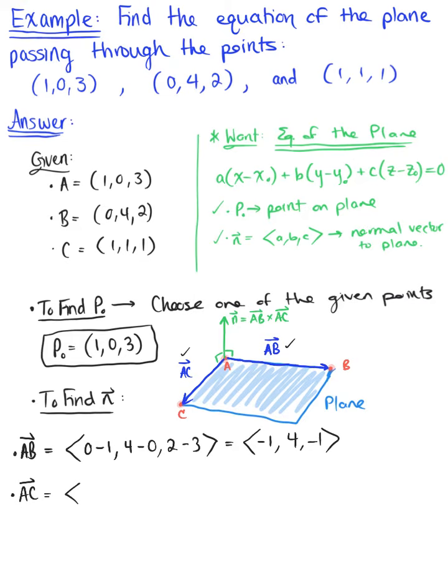So again, terminal minus initial. So I have 1 minus 1, 1 minus 0, and then 1 minus 3, leaving us with the vector 0, 1, -2. So these 2 vectors are parallel to the plane, and we'll take their cross product to find a vector that's normal to the plane.